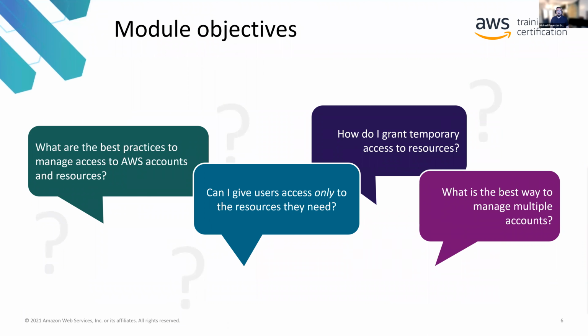So then what are the best practices here? How do I follow the principle of least privilege and only give them access to what they need? How do I grant temporary access to resources? Which, by the way, AWS has a very specific perspective on what they call granting temporary access. Just remember that I said this: roles, okay? That's Amazon's perspective on this. And then what's the best way to manage multiple accounts? Those are the questions we're going to go after.